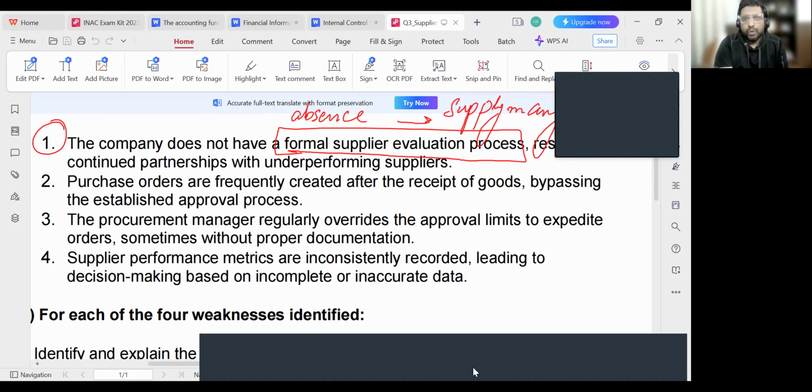It also makes tracking the taxes and ensuring accurate financial reporting difficult, right? So it's going to have its impact on the financial statements, and the company might be facing some financial losses as well. Okay, all right. So this is the question.